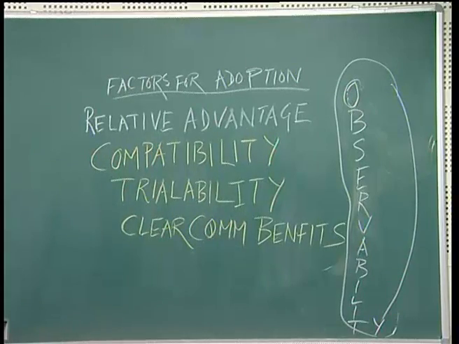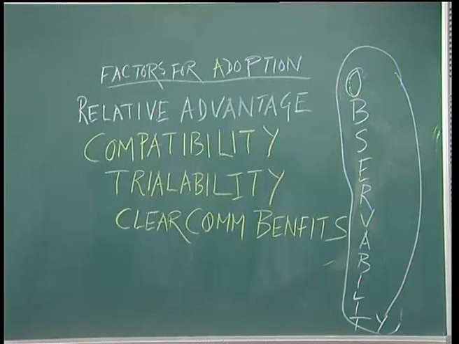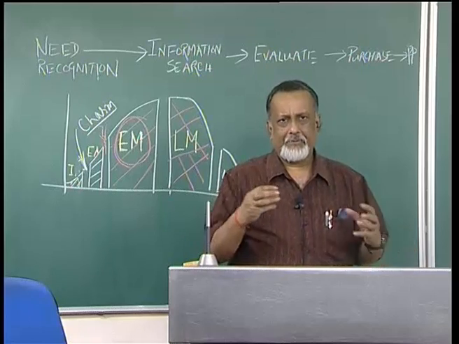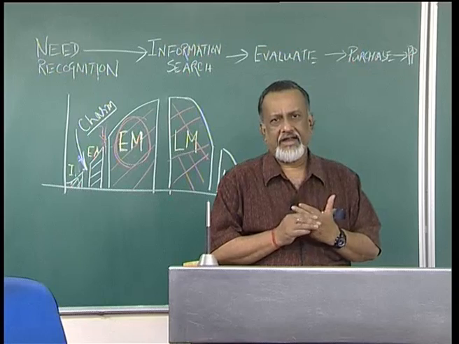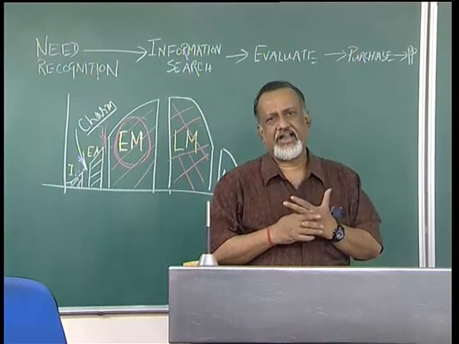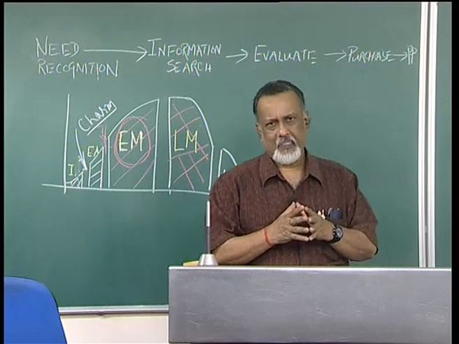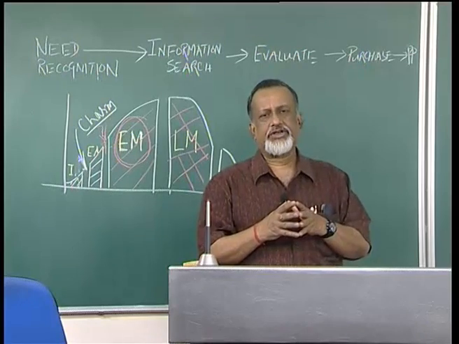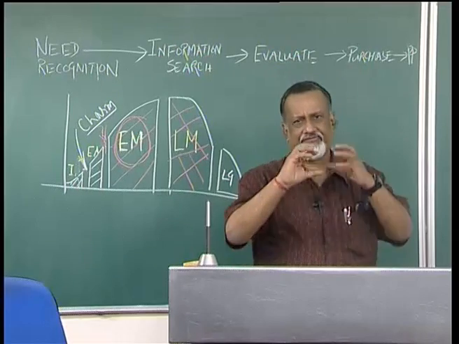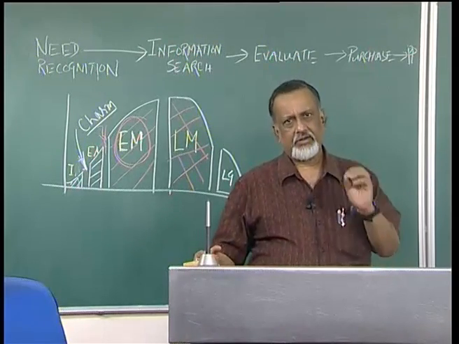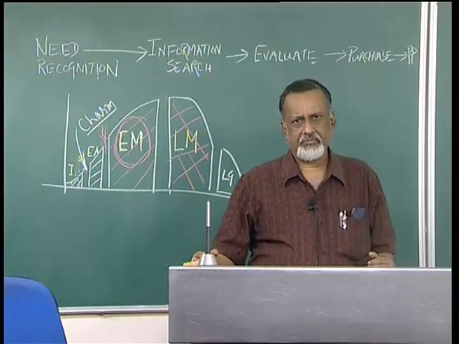Compatibility, this is something you will observe when you now go to buy a CFL, that the back end of the CFL is the same 2-pin structure as you see in an incandescent bulb. Initially, when CFLs were introduced, they had a different kind of fixture, which was a little bit more efficient.